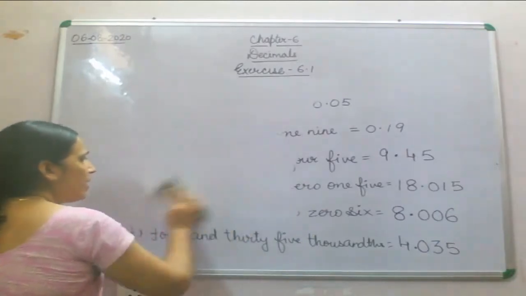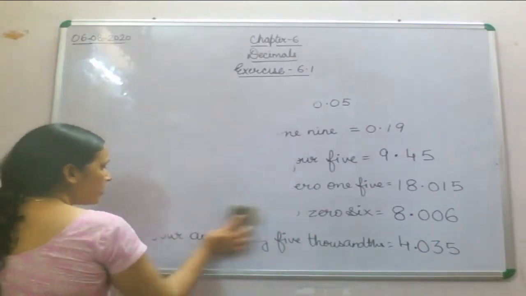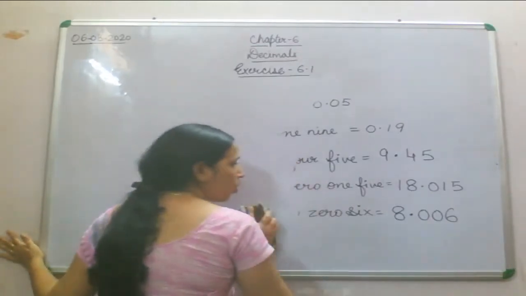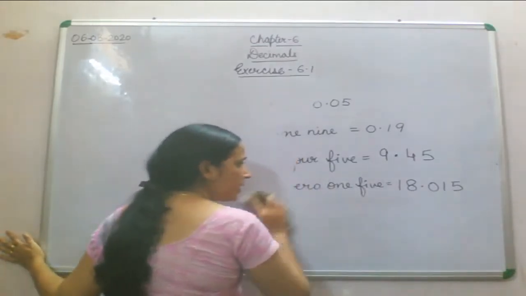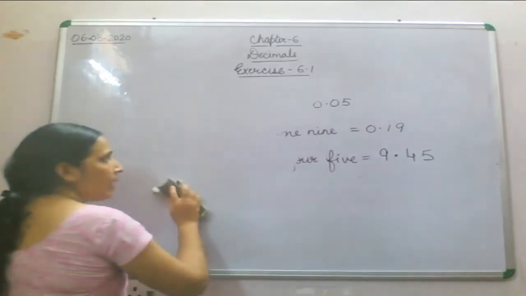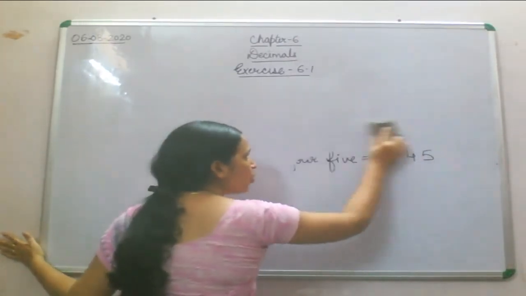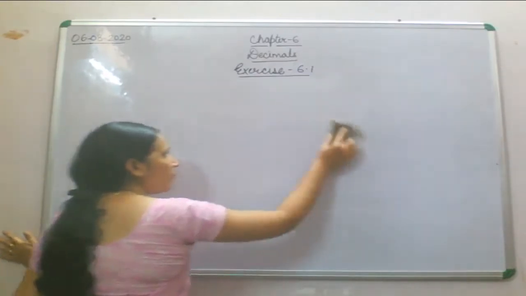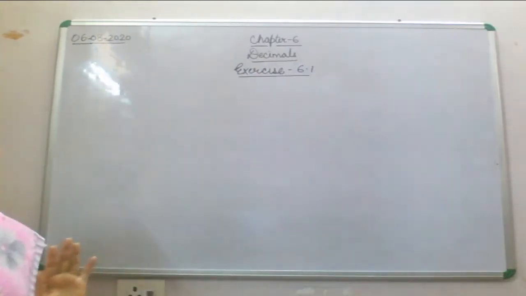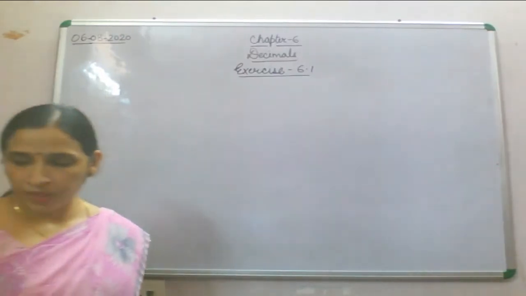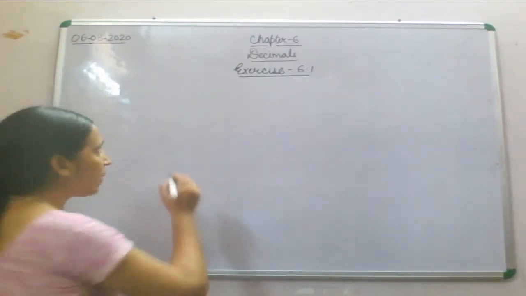If you have any problem representing a number using a place value chart or verbally, you can take help of this abacus also, and it will help you represent that decimal number. So let's start question number 6. Read the numbers from the abacus.